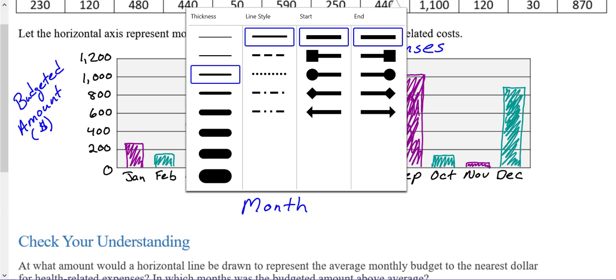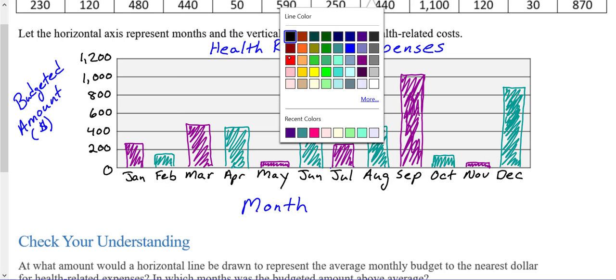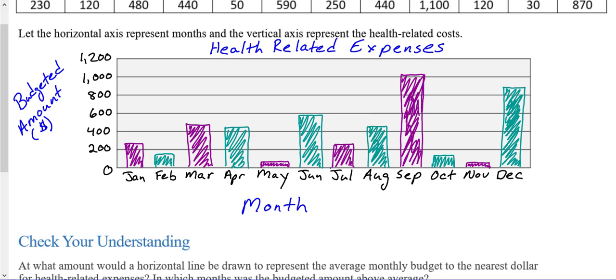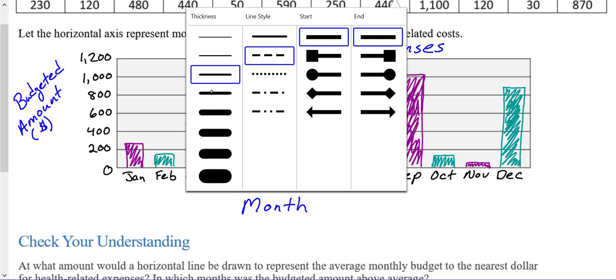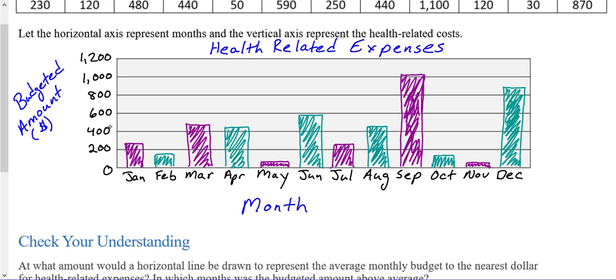So we would go back up here and we would then draw our line. For here, I am going to draw a red line to make it easy to see. So it would be just slightly below the 400 mark.